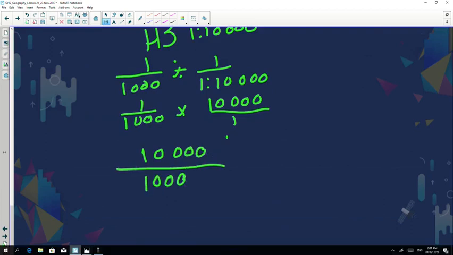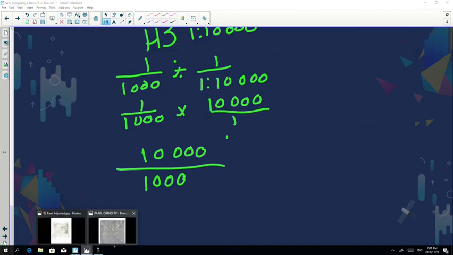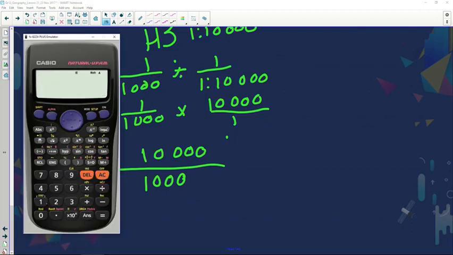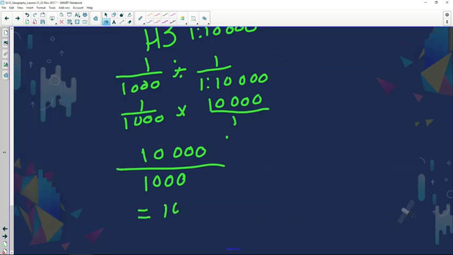And if we quickly calculate it, 10,000 divided by 1,000 equals 10 times. So that cross section has been exaggerated 10 times.